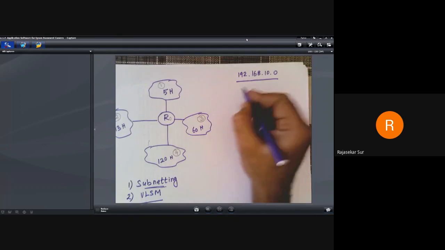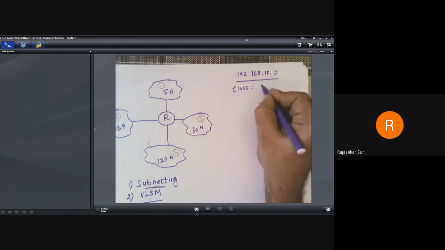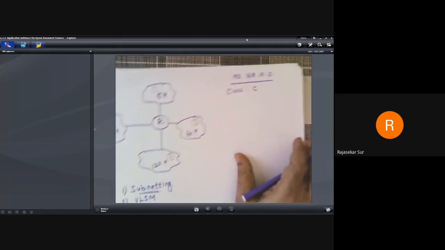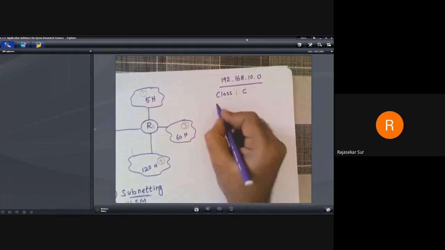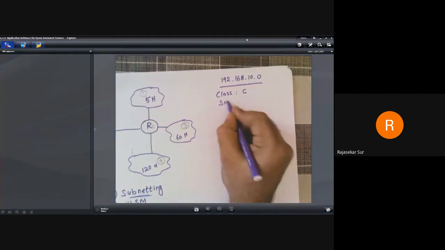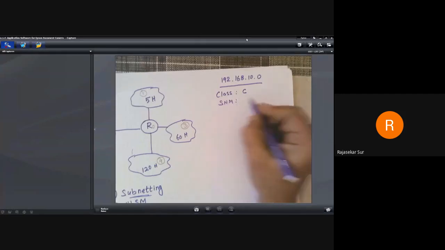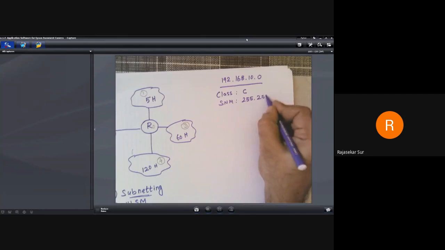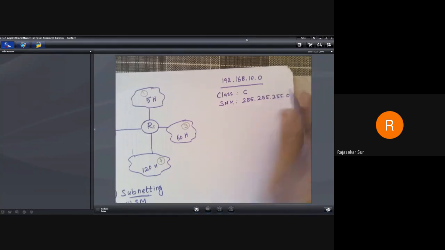So the class of this IP address is class C. For this class C IP address, what is the subnet mask? I'm writing the subnet mask. So the subnet mask is 255.255.255.0.